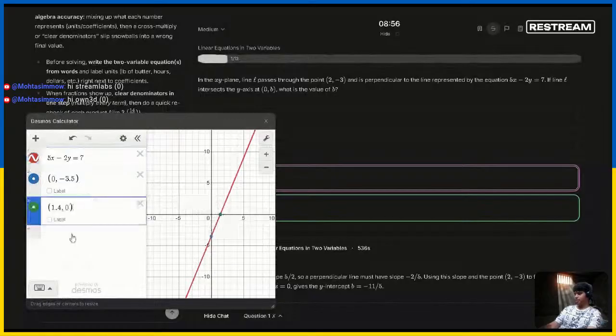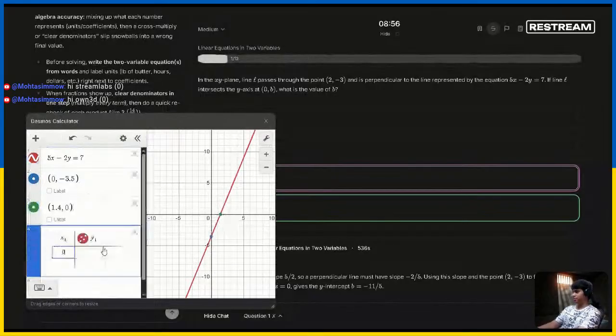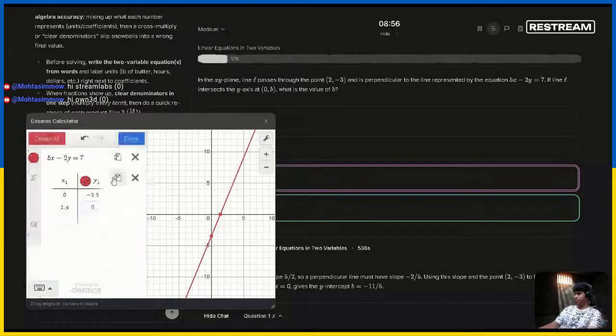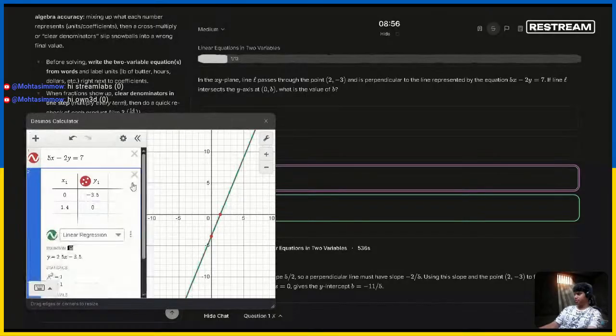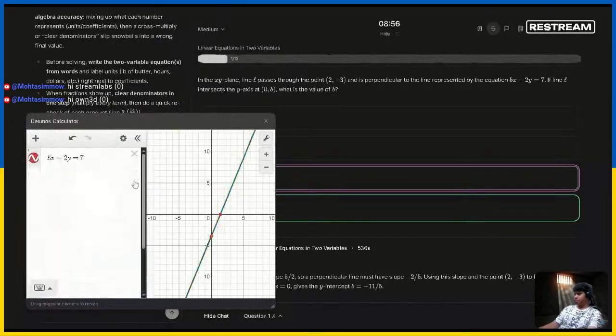Take this, say table, 0, negative 0.5, 1.4, 0. Now do that, and click on this, boom, you got the formula. Now, because we got the formula, what do we do with the formula?